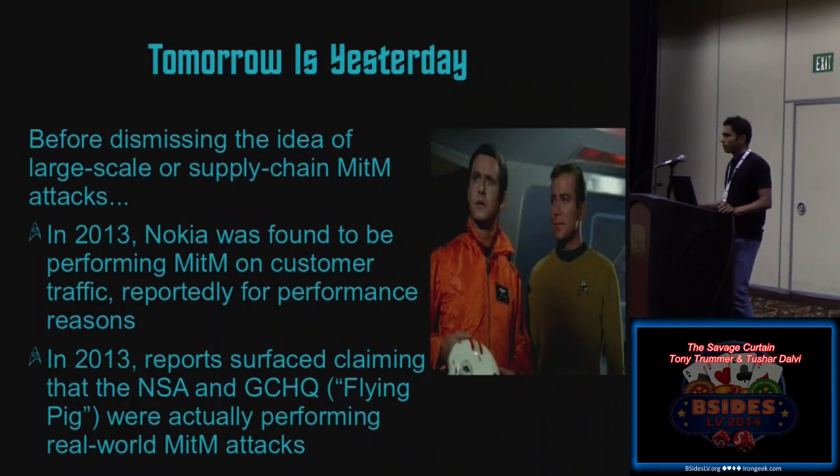But just think about this for a minute. One of the leading device manufacturers was actively intercepting and decrypting their customer traffic. And also, let's not forget that according to allegedly leaked documents, the NSA and GCHQ were performing similar man-in-the-middle attacks, snooping on SSL traffic.